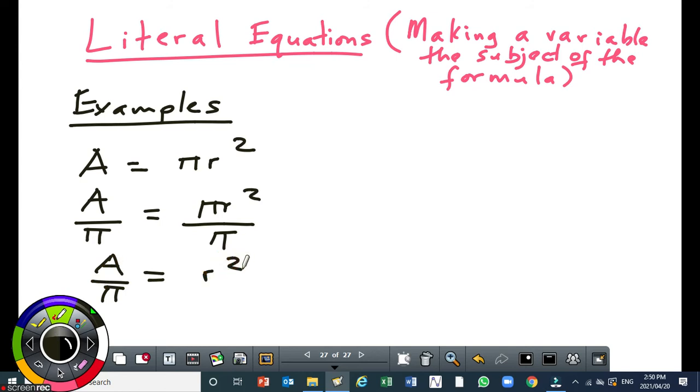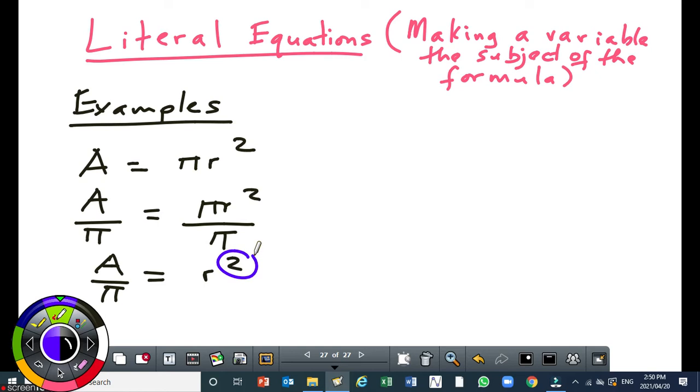Then the next thing, how do you remove this 2 here? From your knowledge from previous grades, how do you eliminate that 2? You square or you square root? You find the square root of both sides.